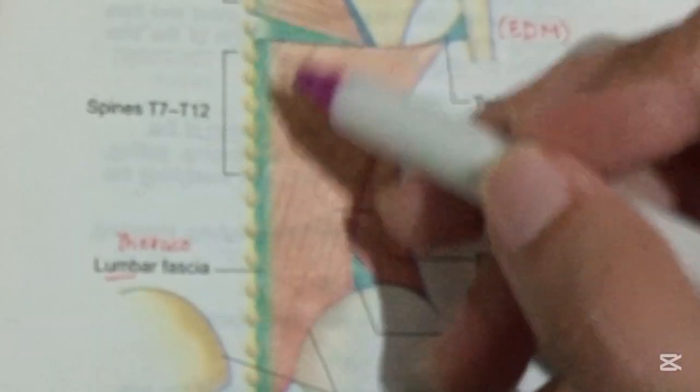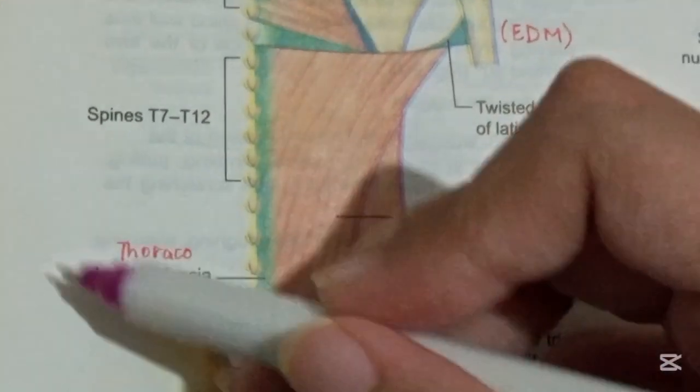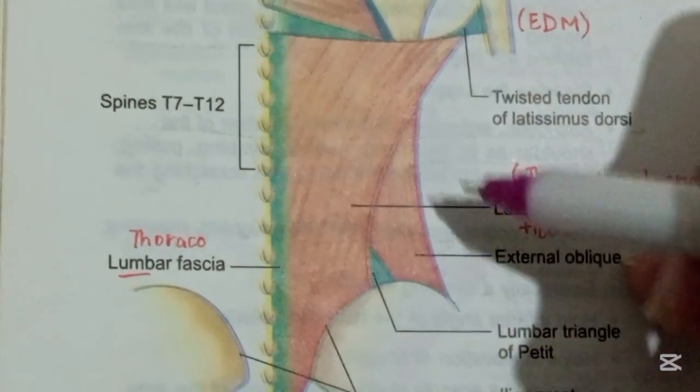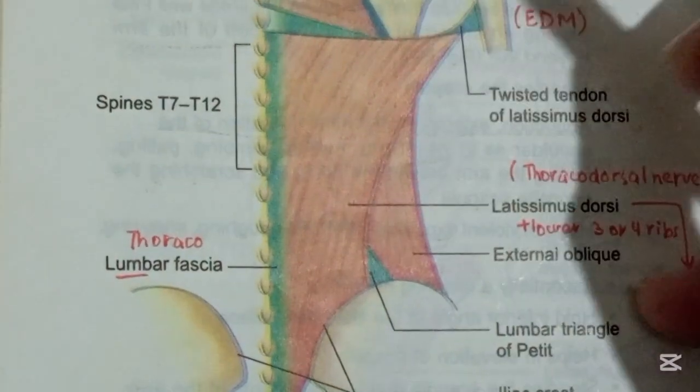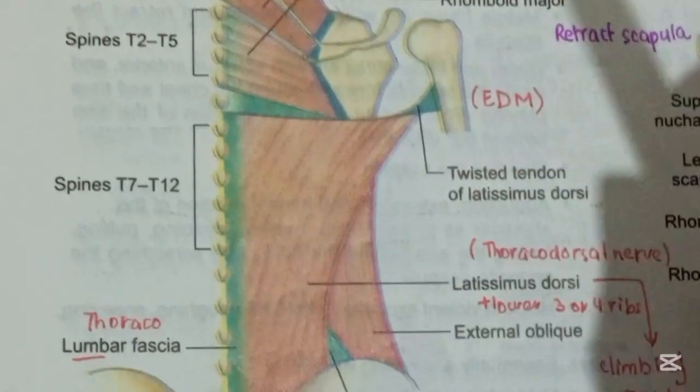So its origin is from the spines of T7 to T12 vertebra, thoracolumbar fascia, iliac crest, and lower 3 to 4 ribs, and its insertion is in the intertubercular sulcus of humerus bone.